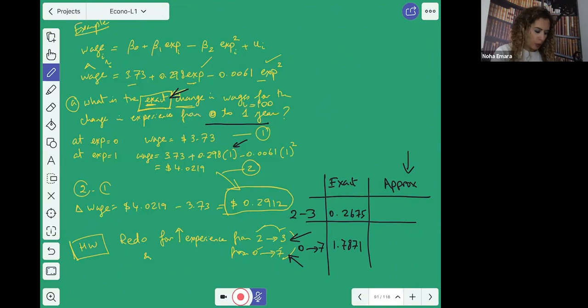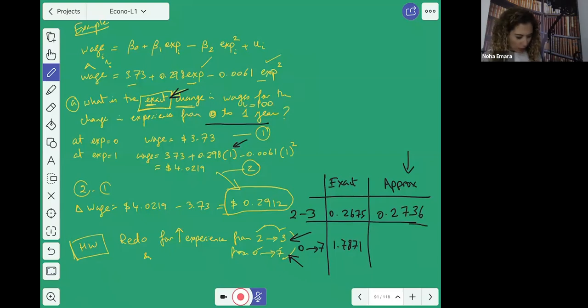Okay, for the approximate, 2.27. What? No. No, for the approximate, just yes, okay, all right. So 0.2736. Okay, we agree on this one.